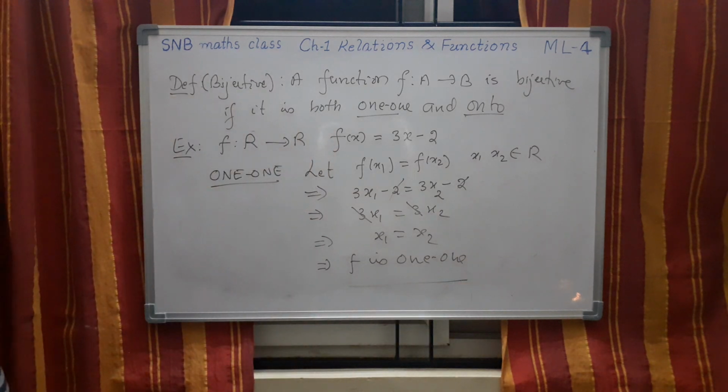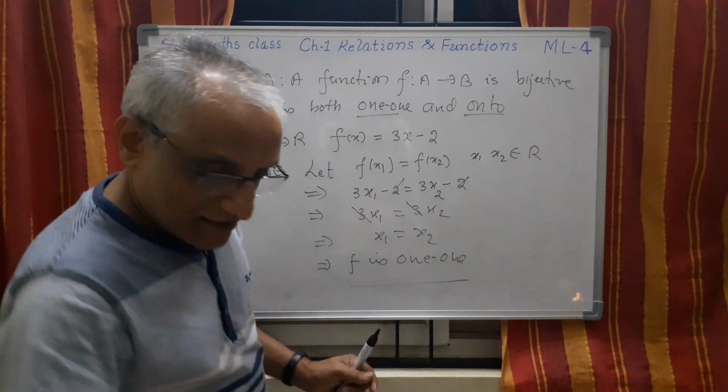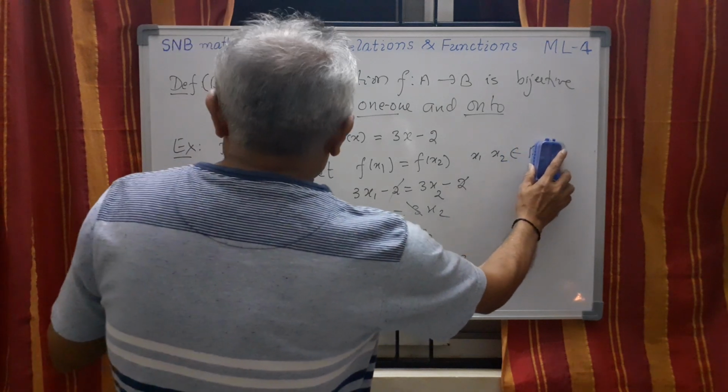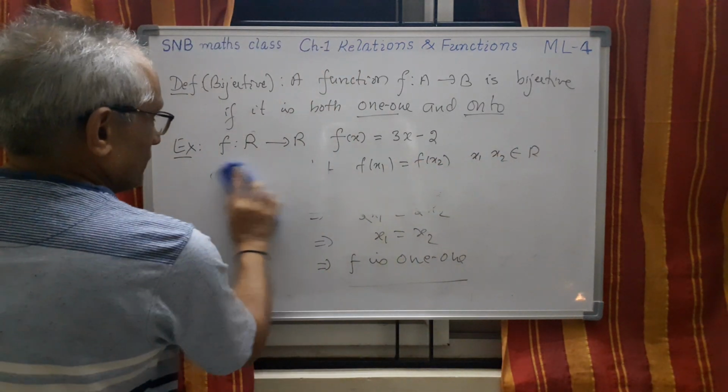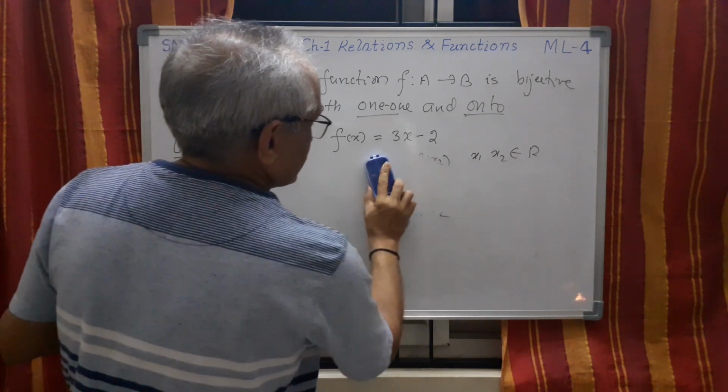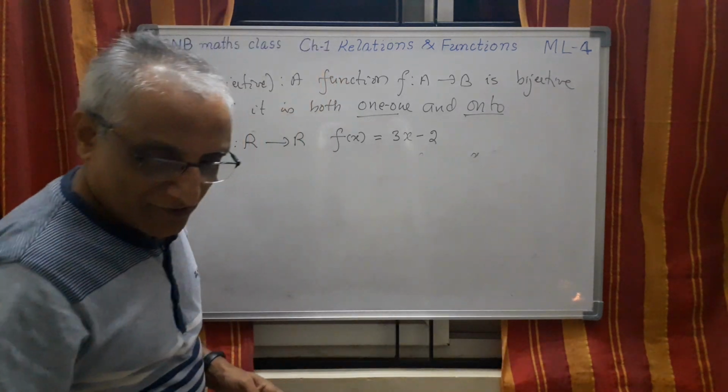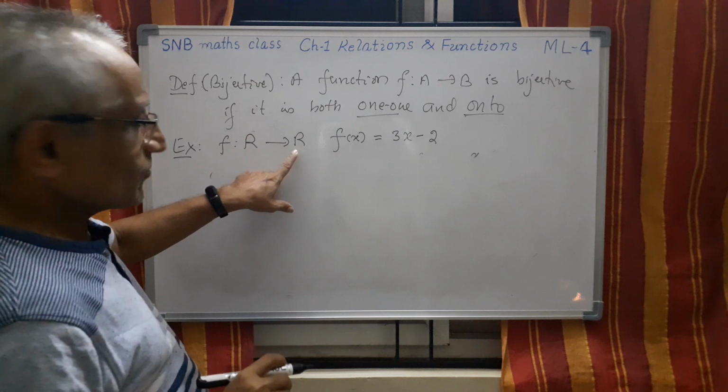Definitely. Then how to show onto? Just now I have proved one example already. So proving onto is like this. We have to go in the reverse order. That means I have to catch hold of one element in the codomain.